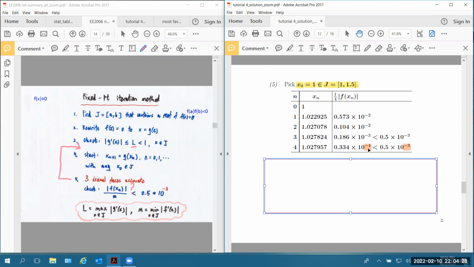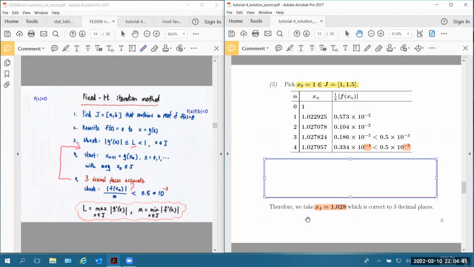And it's much further apart. Okay. So therefore, we'll pick this one here. So we'll pick x4 as our number. Therefore, we say here that we'll take x4, 3 decimal places, right? 1.028. That's correct to 3 decimal places.